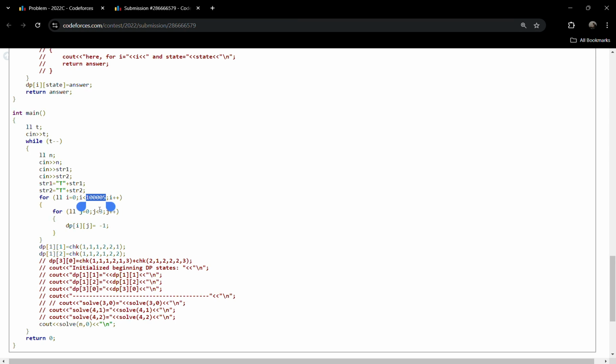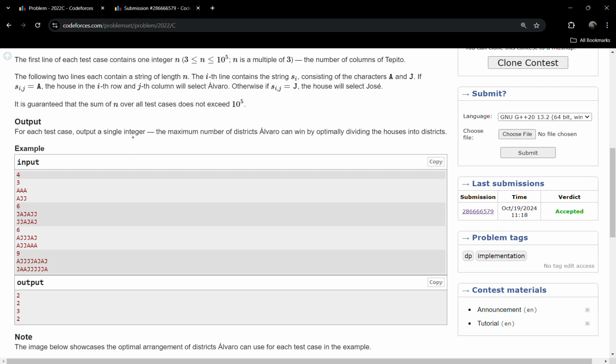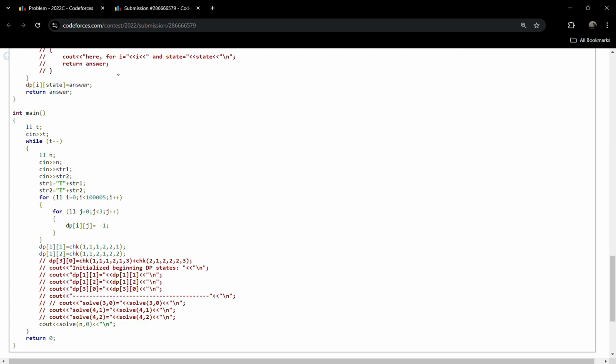The maximum value of n was stated as 10 to the power of 5 in the question, right? Yeah, 10 to the power of 5, and our states are 0, 1, 2, so j is less than 3. It will initialize all the dp's to -1.